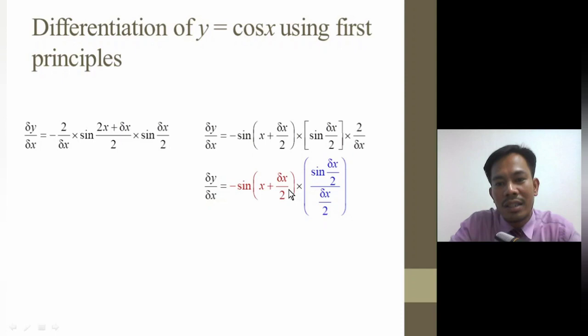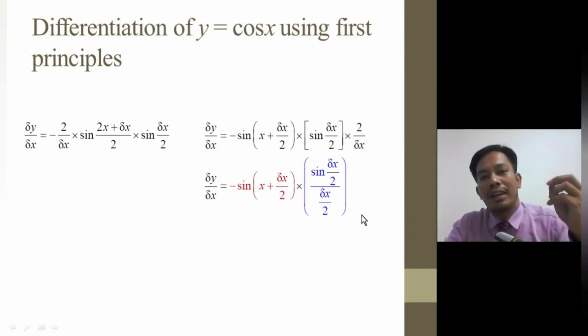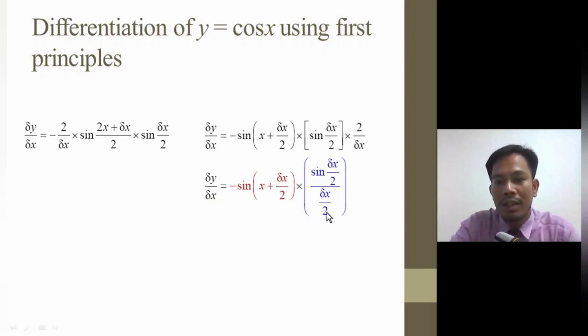So you now notice that the blue one was already proven a while ago. If increment of x approaches 0, it will suddenly become 1. So this blue expression will be equivalent to 1.